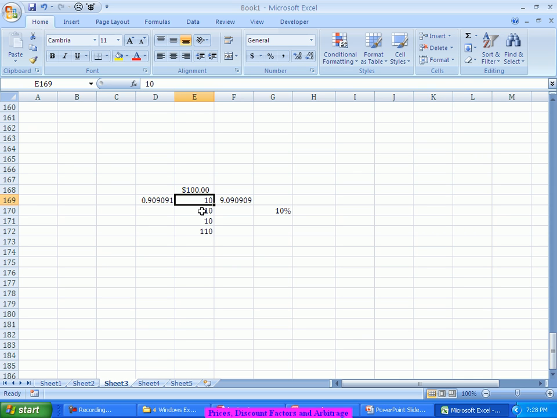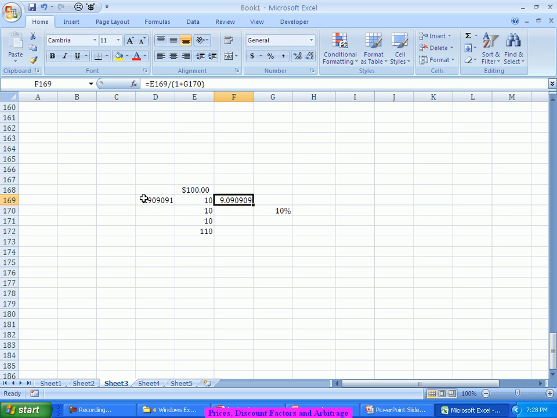If he has given the interest rate, probably you are doing either 1 by 1 plus R or 1 by e to the power R, whatever. But in this case, instead of giving you the interest rate, he is giving you the discount factor for 1 year. You use a discount factor of 0.9, which means you are going to get 9.09.